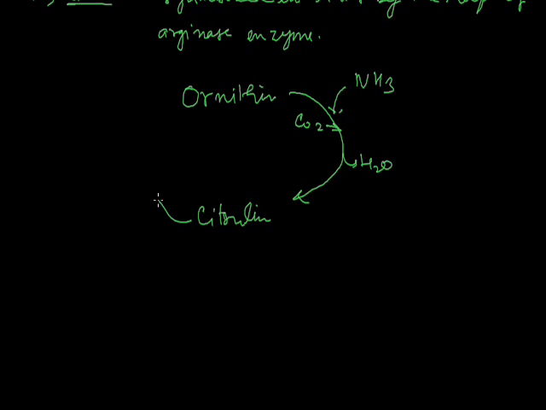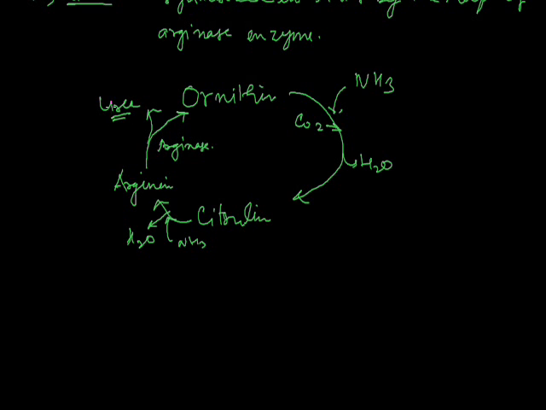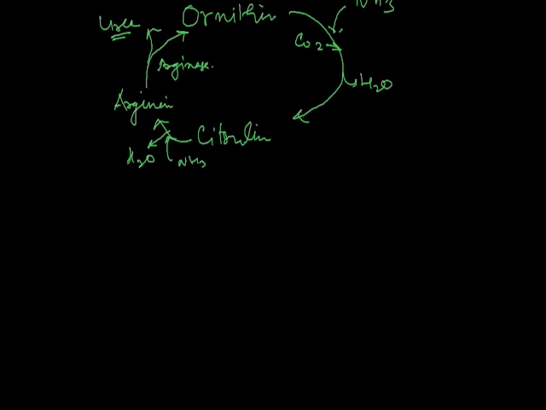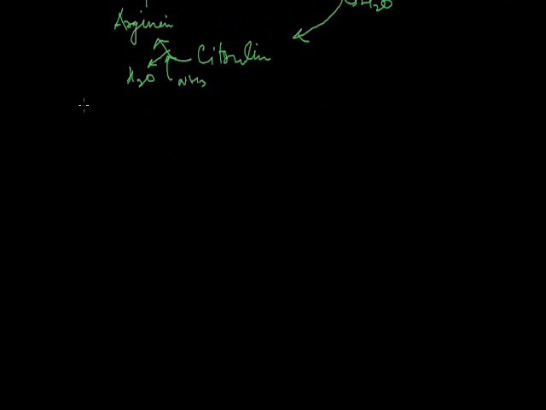Citrulline is converted into arginine in the presence of ammonia, and water is released. Arginine regenerates ornithine and forms urea in the presence of the enzyme arginase. Urea is a waste material which is eliminated from the body. This cycle is known as the urea cycle or ornithine cycle.